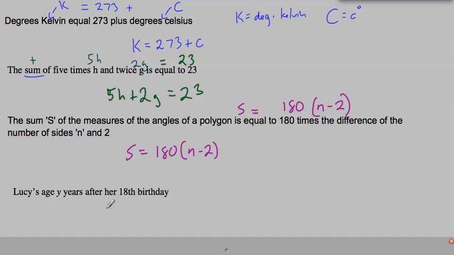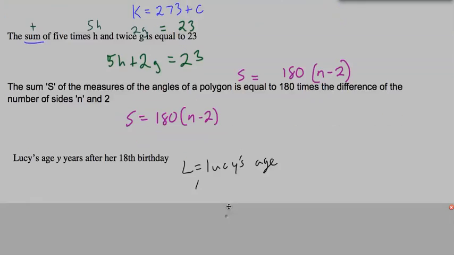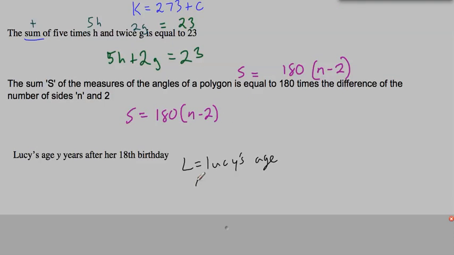Now let's look at Lucy's age, Y years after her birthday. It doesn't give us a variable for Lucy's age, let's make it L. And I'll change my color again, I'll go black this time. L for Lucy's age. And we know that L equals, we want to know Y years after her 18th birthday.